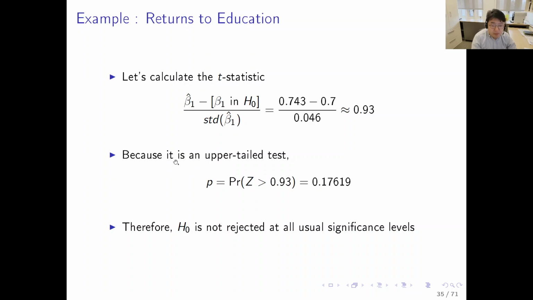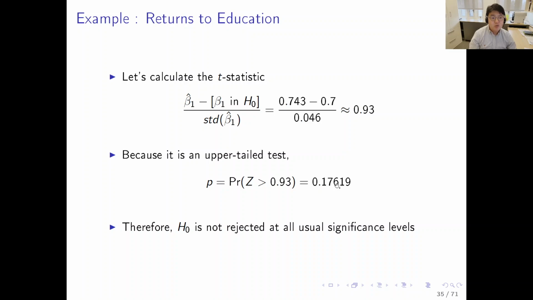And then it is an upper tail test, so the p-value is based on the probability greater than the realized t-statistic. You only care about the upside, the right side tail. If you use Excel or a calculator for the standard normal distribution, it turns out to be approximately 17.6%.